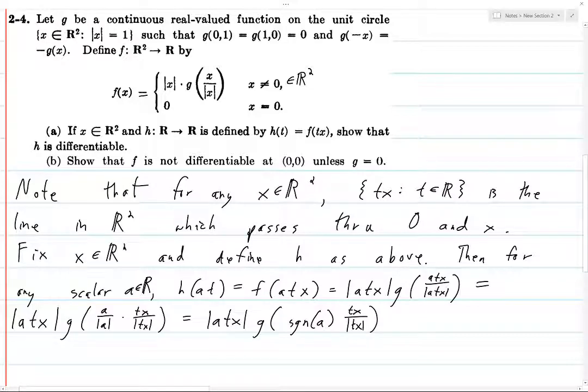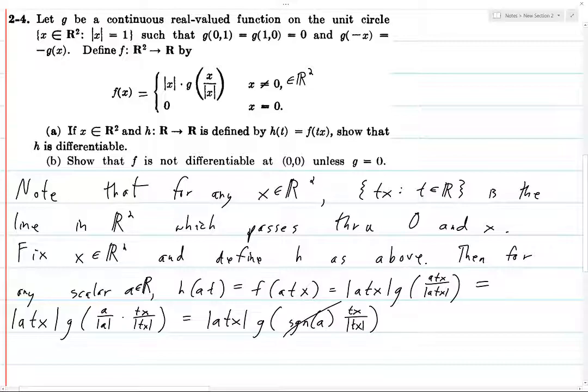Now, remember, g of negative x equals negative g of x. So if the sign of a is positive 1, then this thing is just equal to this without the sign.